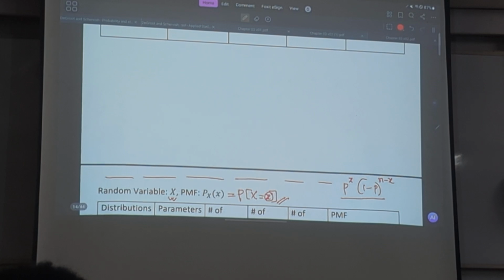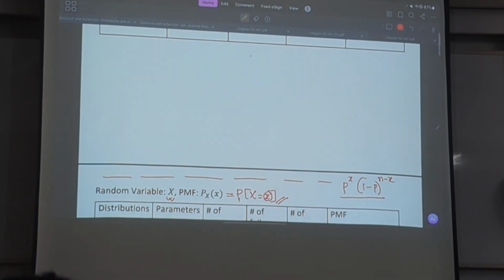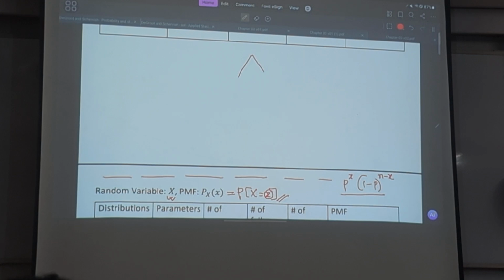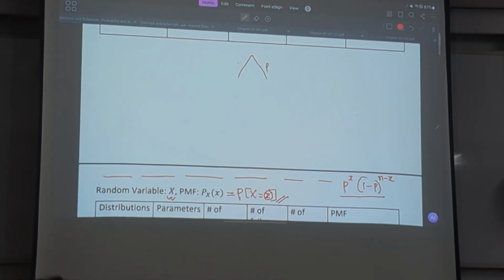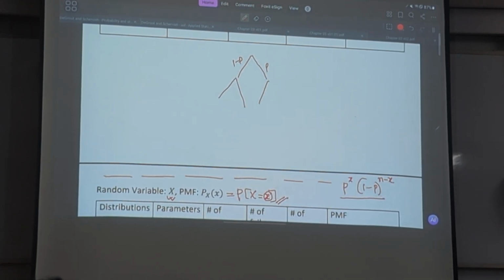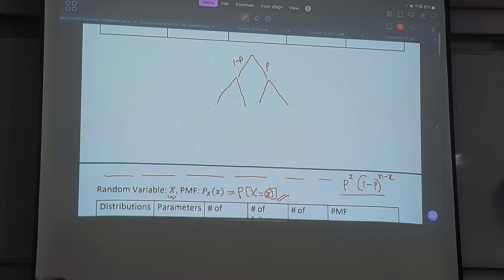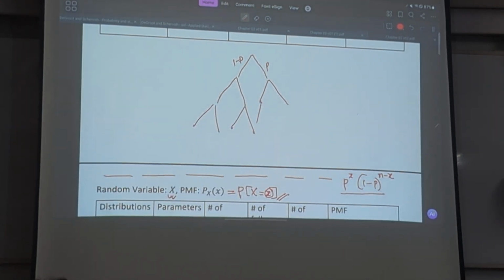If you consider n is equal to 3, then the first one would be a success. So the right side one is success, and the left side one is failure. Here you can have a success, a failure, a success.